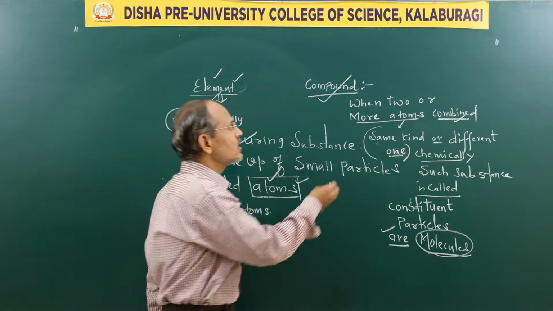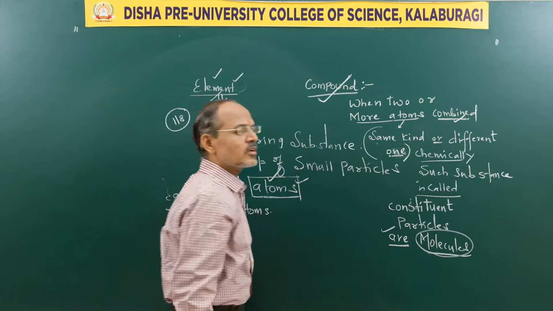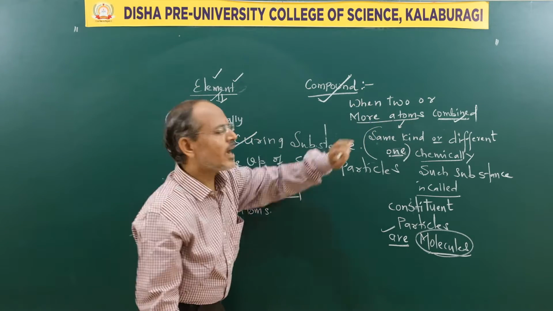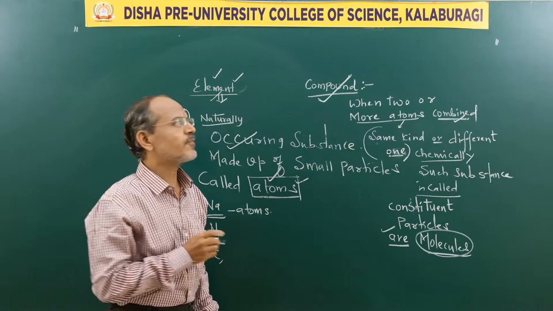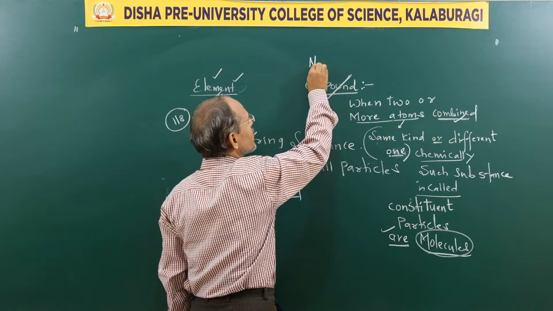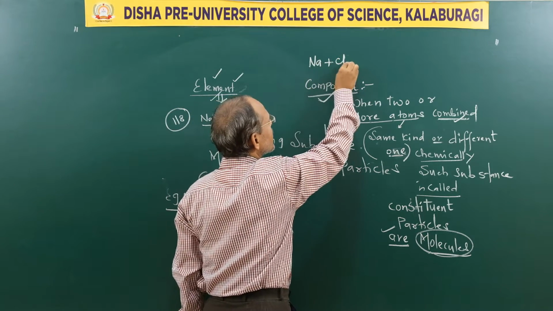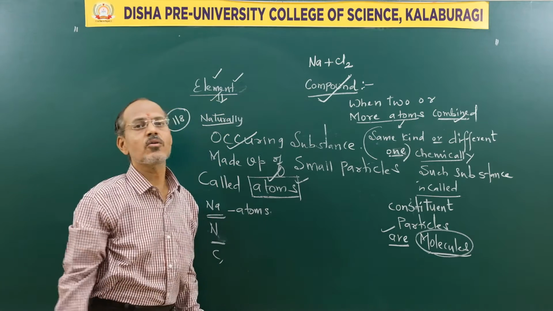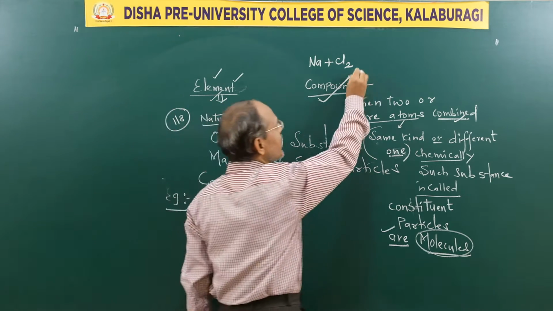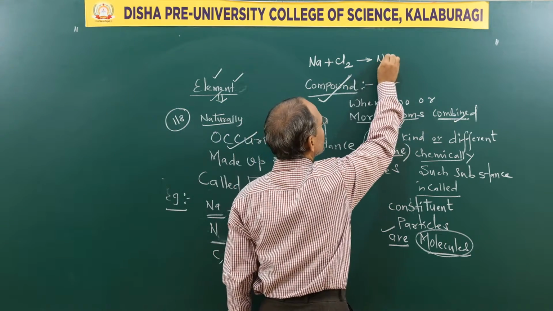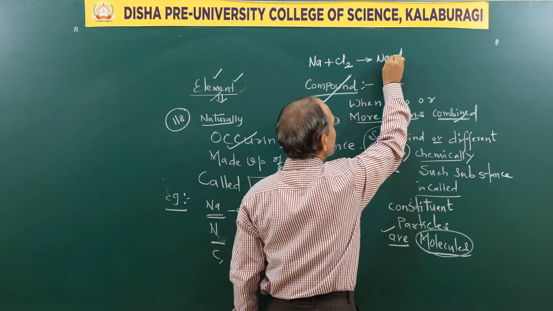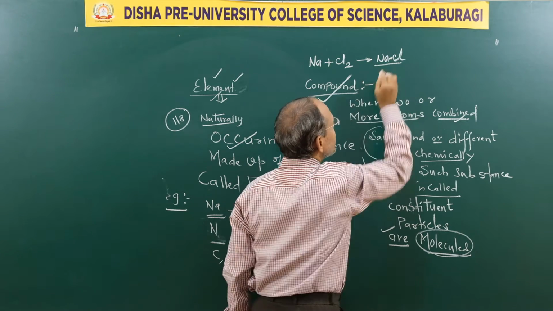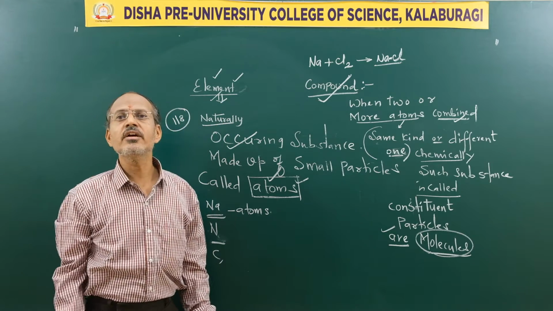Second comes compound. When two or more atoms, for example sodium, combine with chlorine, you will get a product called sodium chloride. Here the bond between sodium and chlorine is a chemical bond.